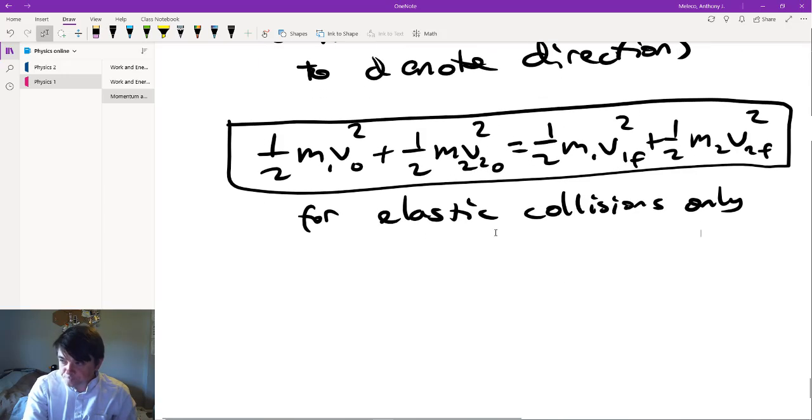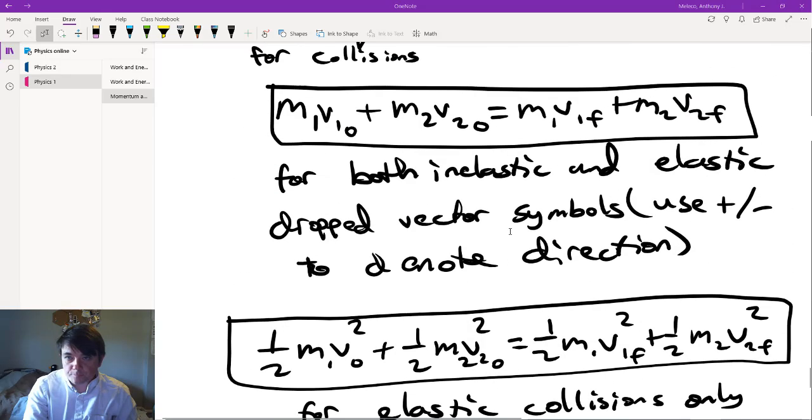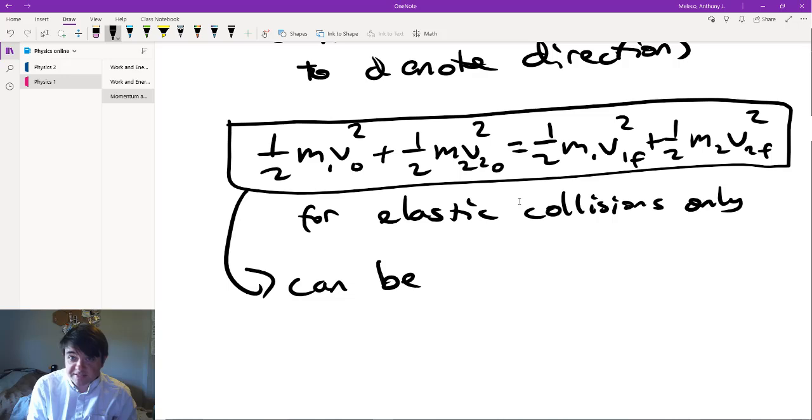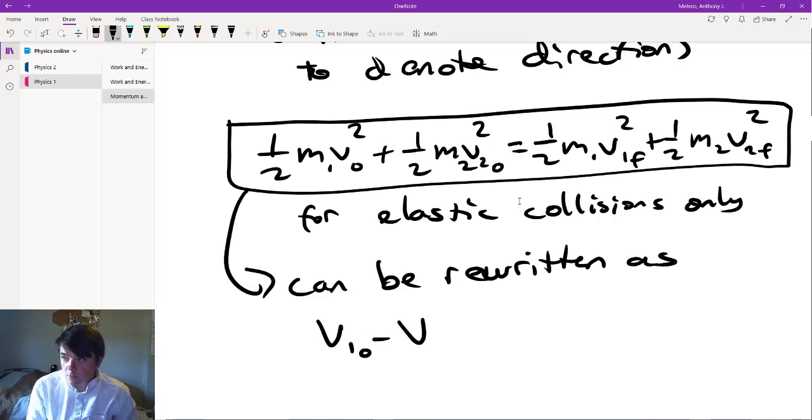Now again, this can be rewritten because this is a lot. You can basically cancel the masses, in certain situations only.